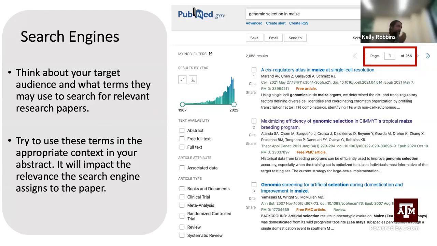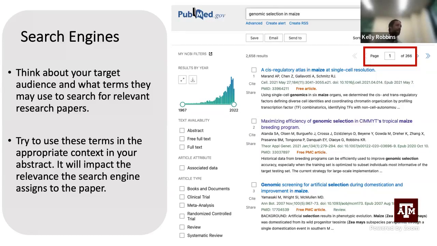So let's go back to this fairly generic search, and to be quite honest, it's not a very good search: genomic selection in maize. Because it's so broad and vague, it brought back 266 pages of results. A lot of these results probably aren't very relevant to what I'm looking at, and there's no way I would ever have time to go through 266 pages of results.